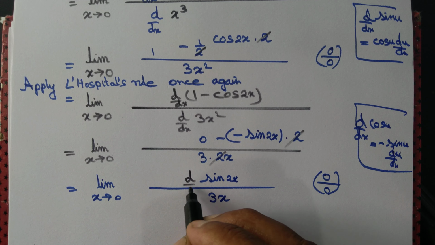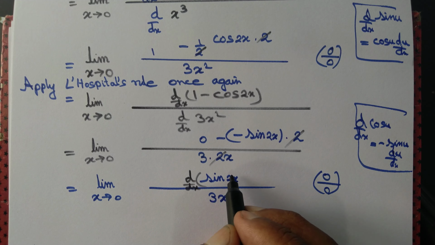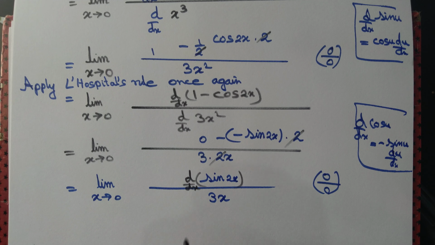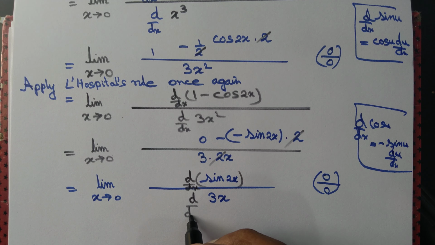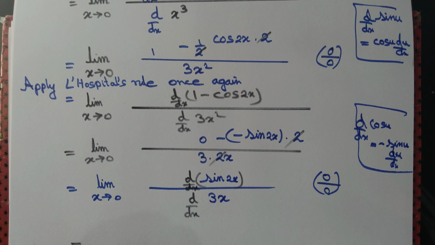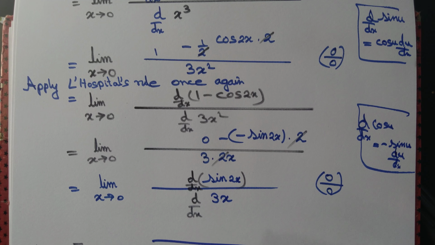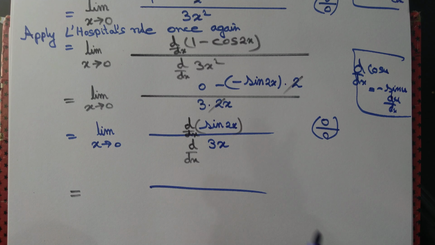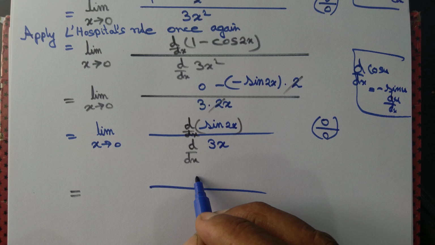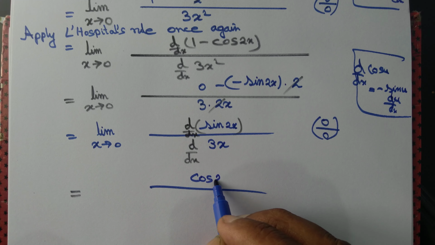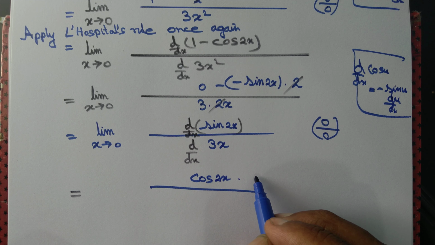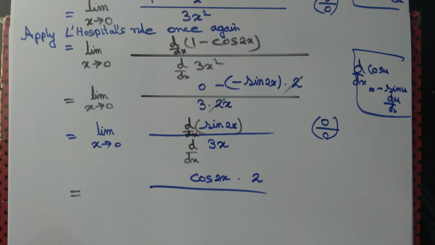So d/dx of the numerator and then d/dx of the denominator. When we differentiate the numerator, we obtain the derivative of sin 2x, which is cos 2x, and then the derivative of 2x, which is just 2.